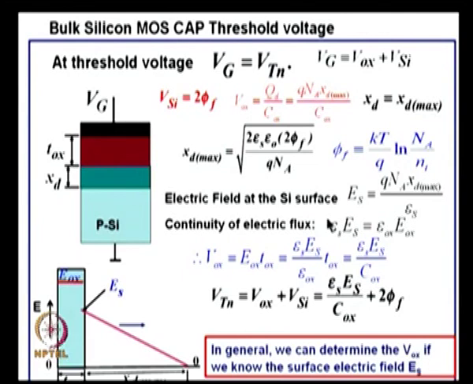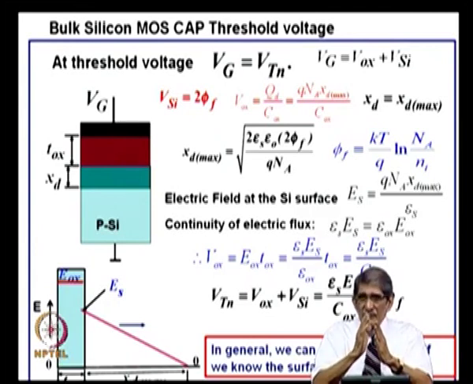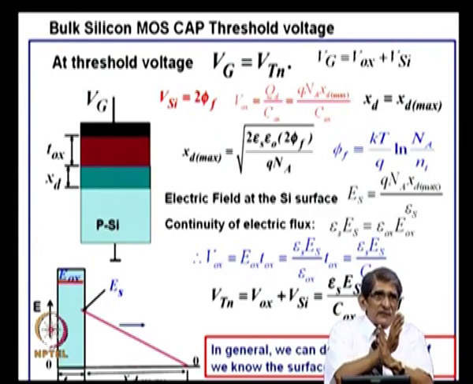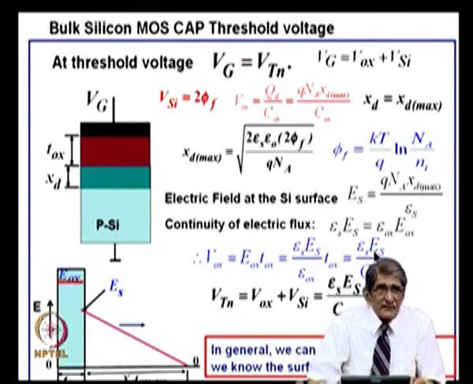Why I derived that is, if you want to find the threshold voltage, all that you have to do is find the voltage that applies across oxide when the surface potential is twice phi f. So, potential near the surface is twice phi f. You can find the voltage drop across the oxide by knowing the field near the surface of silicon.